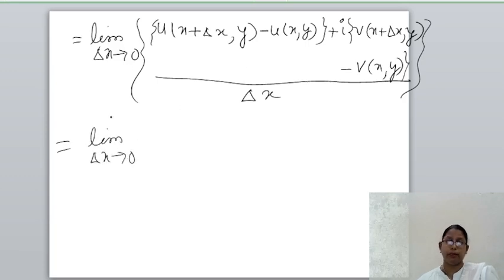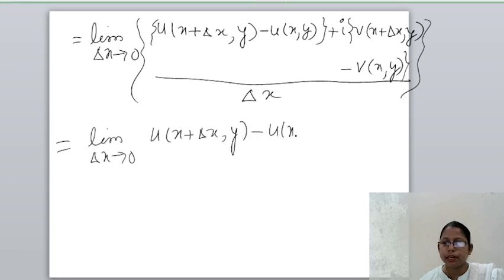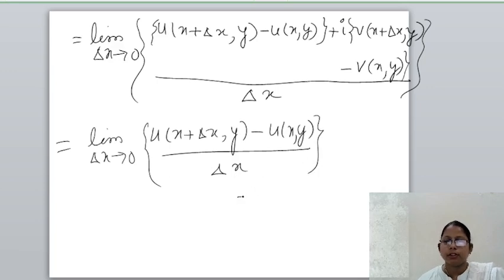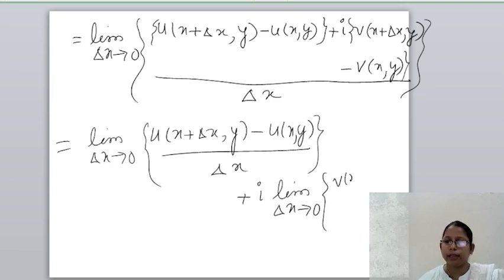Using the properties of limit, I can write this as [u(x plus delta x, y) minus u(x,y)] divided by delta x, then plus i limit delta x tends to 0 [v(x plus delta x, y) minus v(x,y)] divided by delta x.